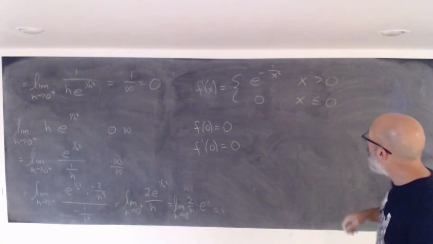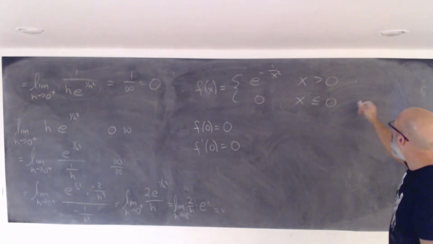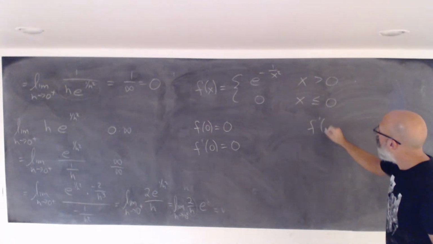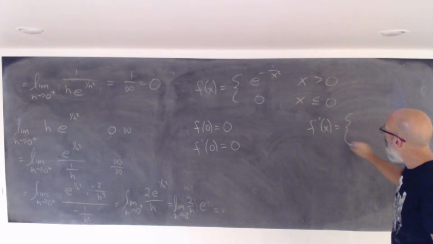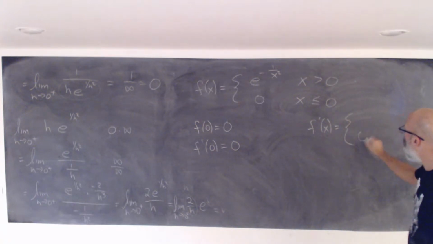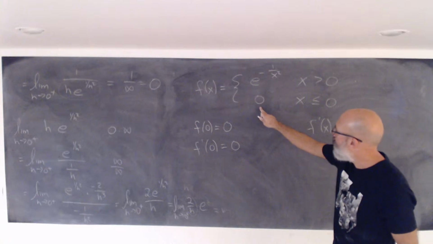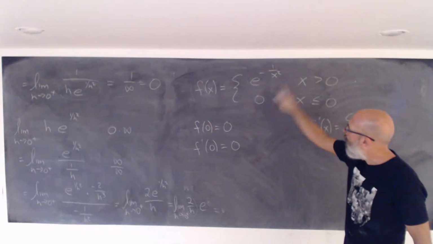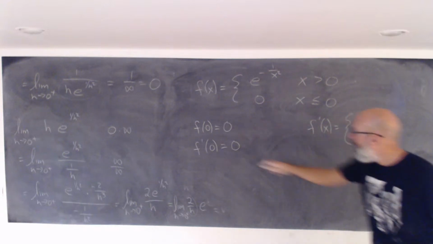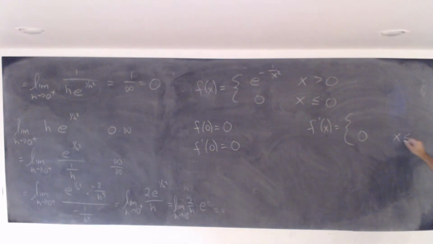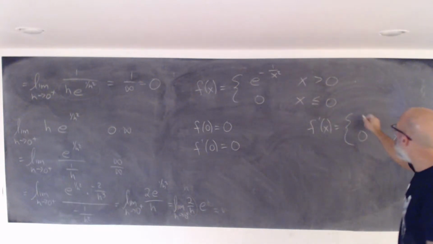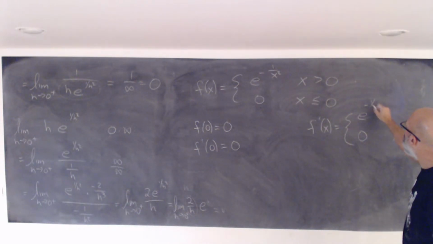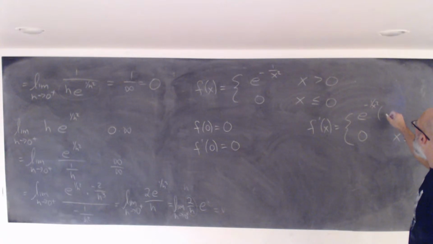And first of all, the derivative at any value of x is going to be 0 if x is less than 0, because it's just a straight line. At 0, we calculated it to be 0. And then for values bigger than 0, it's just the usual derivative times 2 over x cubed.